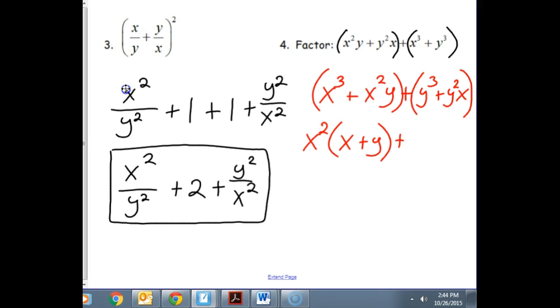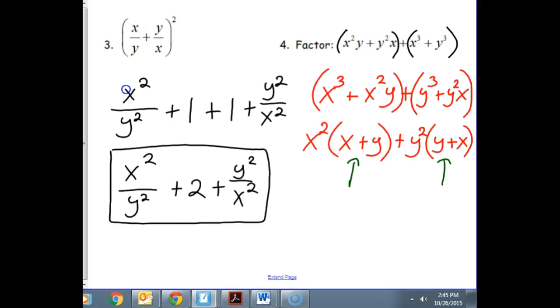Okay, and remember, your goal is to see if you can get this exact same thing in the other one. Okay, so if I factor out a y squared, what am I left with? Y plus x. Alright, well, do I have the exact same thing? Yes, because with addition, you can just kind of switch those things around and they are the same thing.